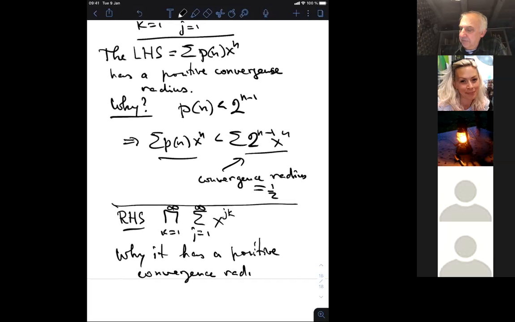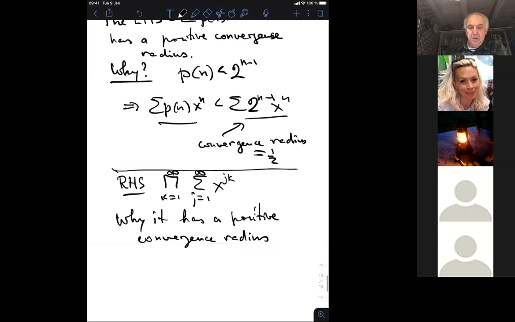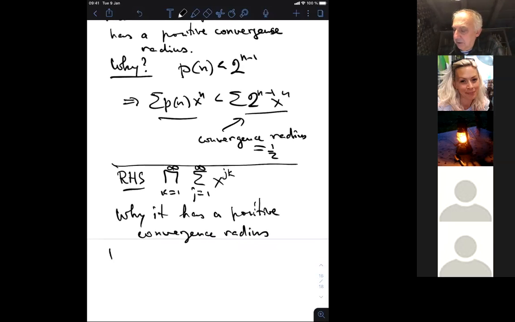We use a little bit of calculus here, and yeah, it's a short argument, and then I'll be done soon. So take log of this expression, take log of the right-hand side.